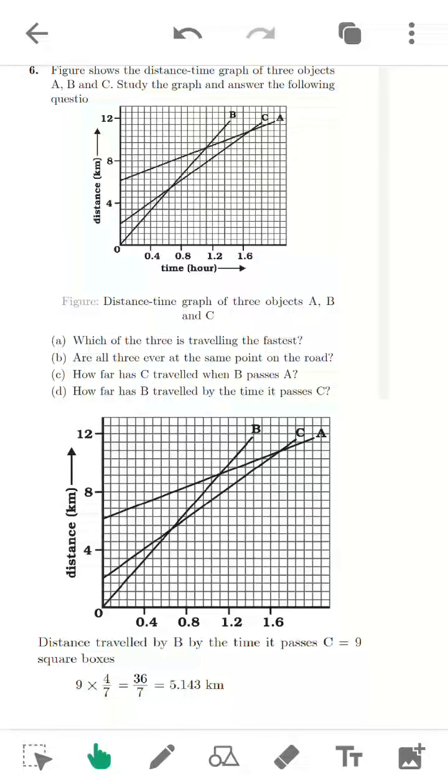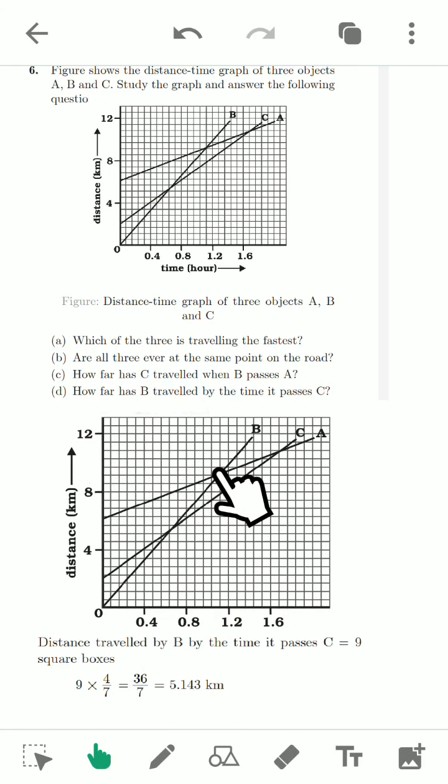Next part of the question, how far has B traveled by the time it passes C? See, this is the thing. Listen, the distance traveled by B by the time it passes C is 9 square boxes.